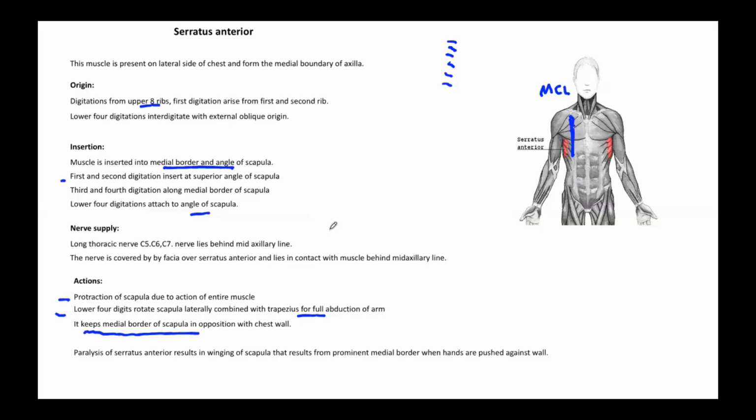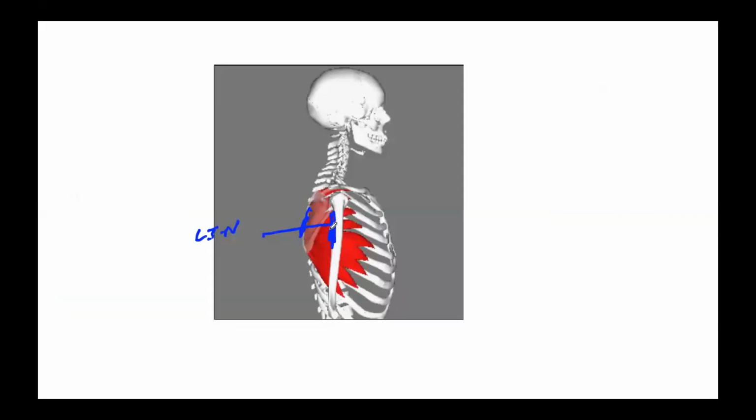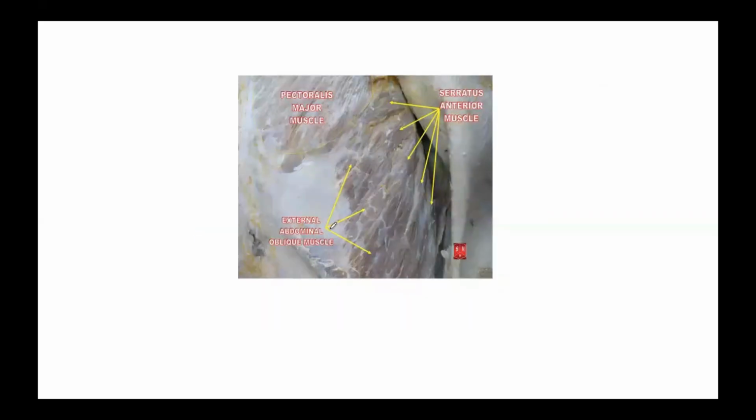It's an important muscle in examination because it's quite obscure. It's not as clearly visible. If you don't know these details, then it may become difficult to answer the question. So here again is serratus anterior.